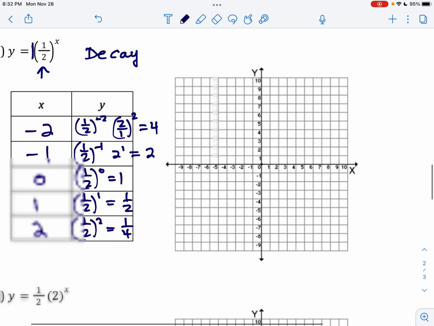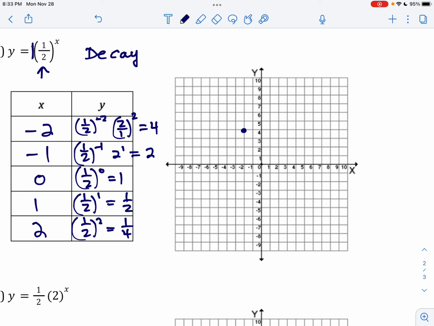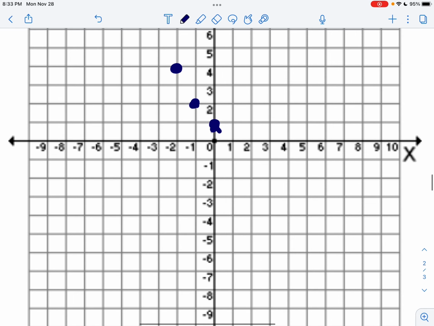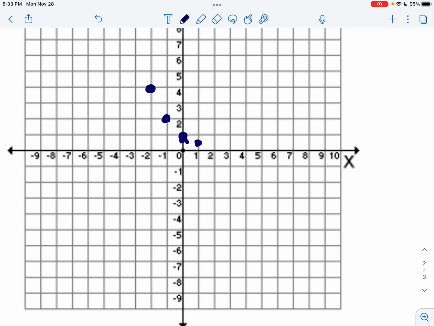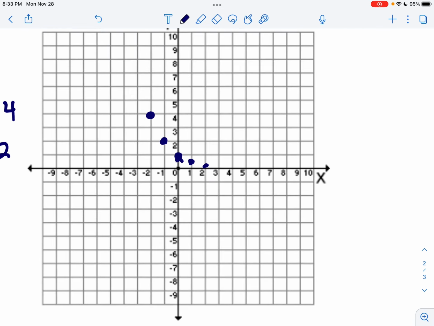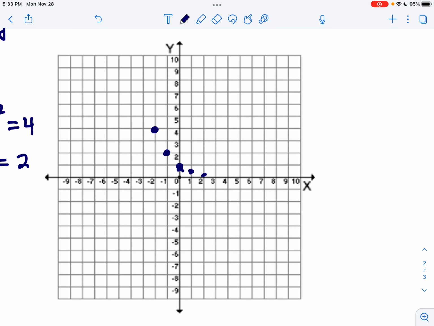Okay, let's graph it. -2, 4, -1, 2, 0, 1, 1 and a half, and 2 and 1/4. So it's just going to get really, really close to the x-axis. It's going to come down and get super close, but it's never going to cross.